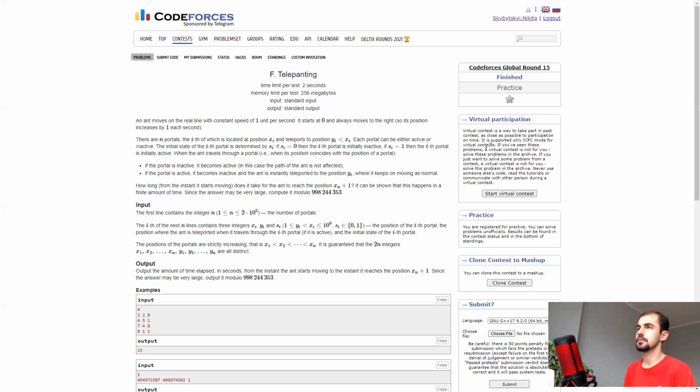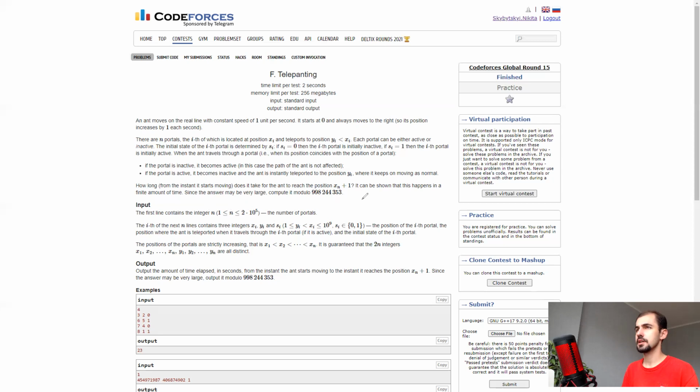For example, something like nested teleports is, I believe, a very long route to pass. Something like this may take a lot of time, so we shall compute the answer modulo. And also we have a lot of portals, so yeah. And then just your regular input description.